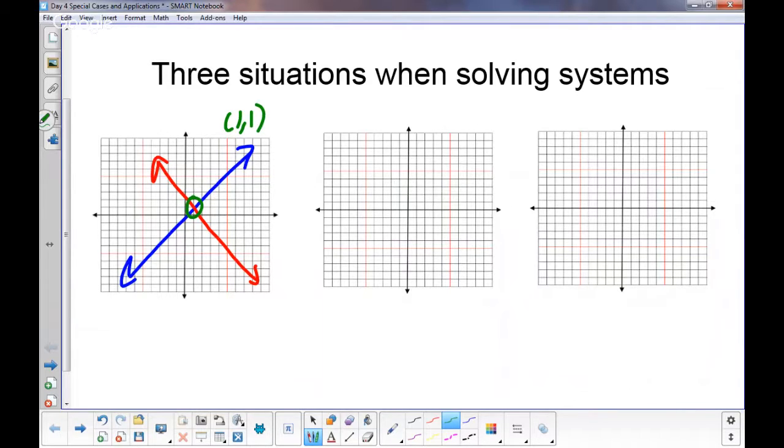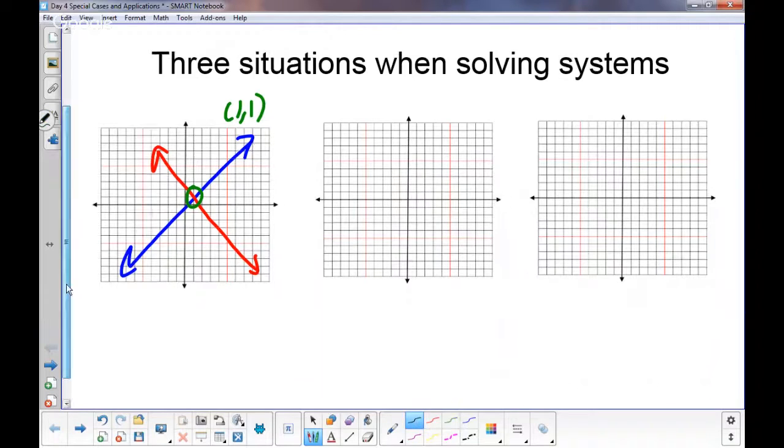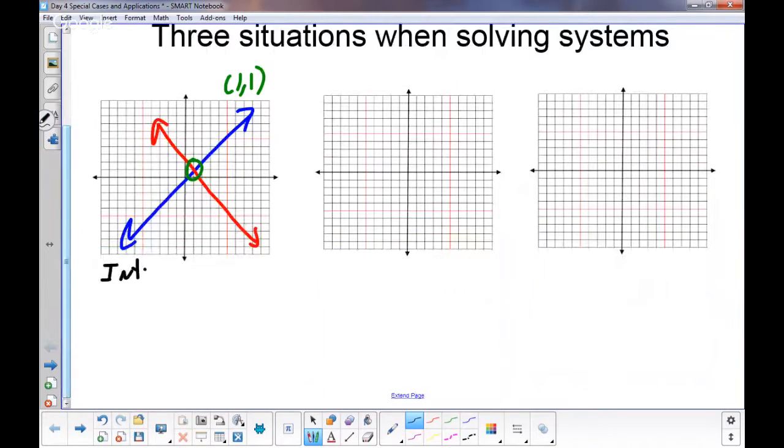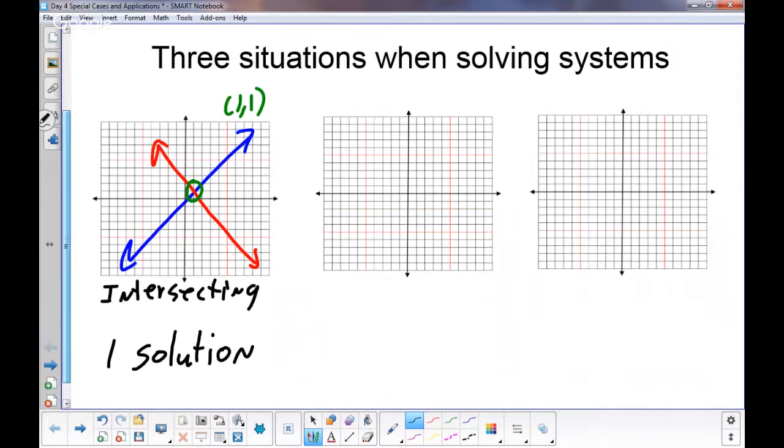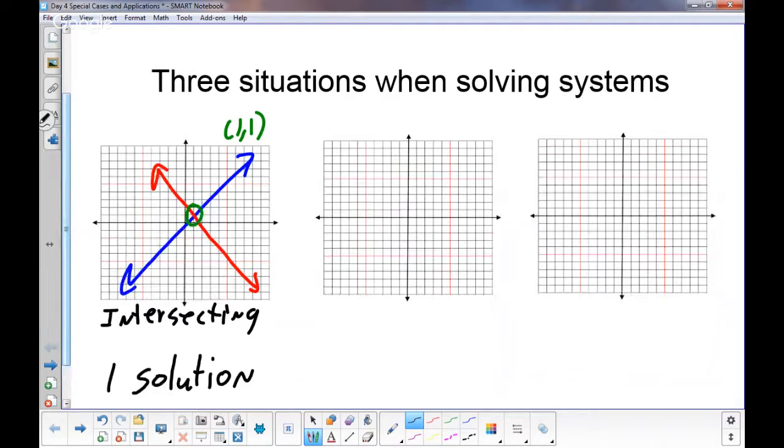So anytime we have what are called intersecting lines, we end up with one solution. And that's what we had beforehand. Intersecting lines, one solution. And that's what we covered in section 1.